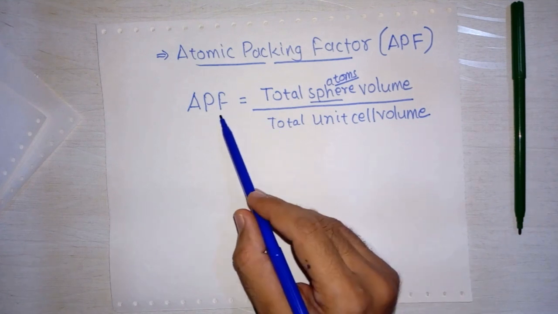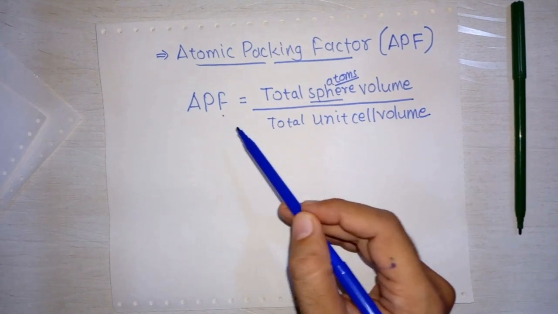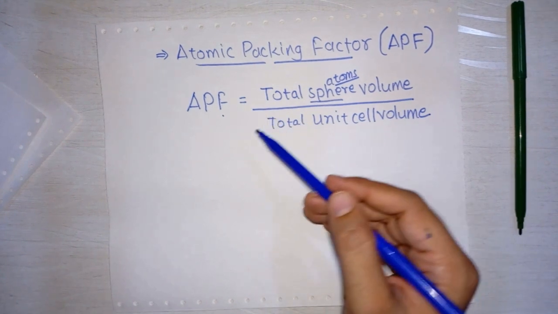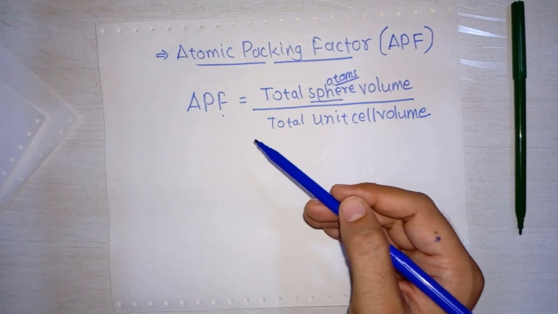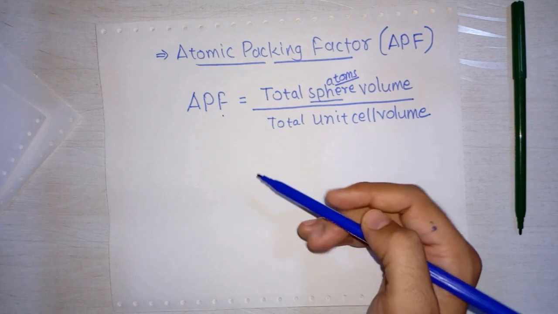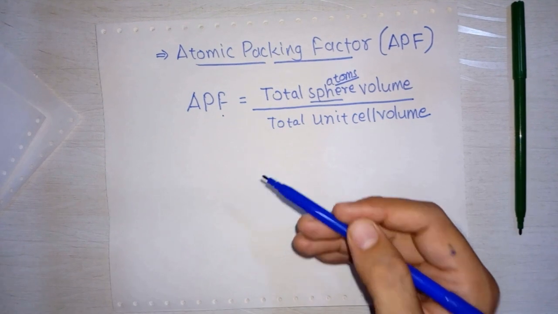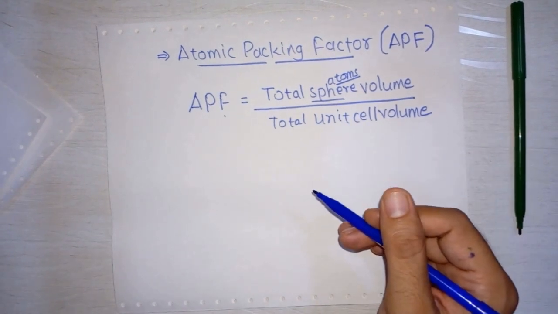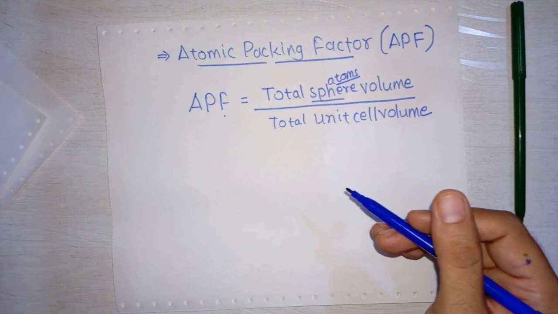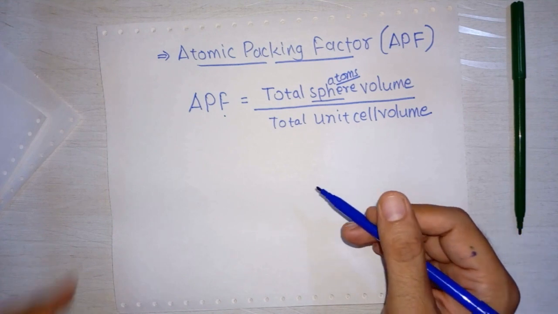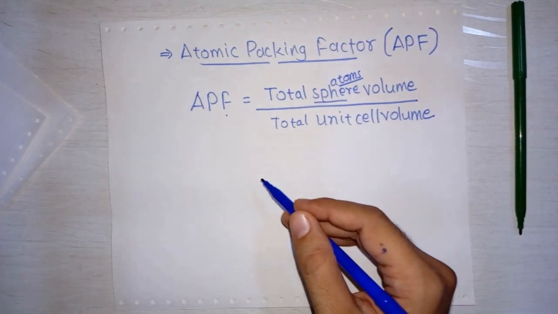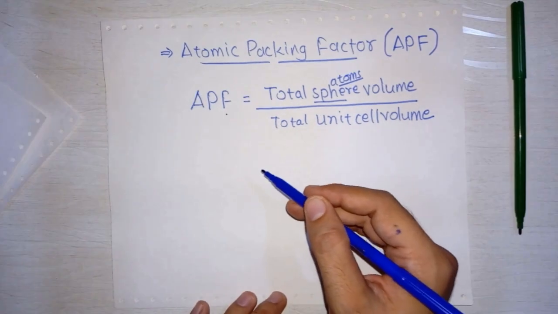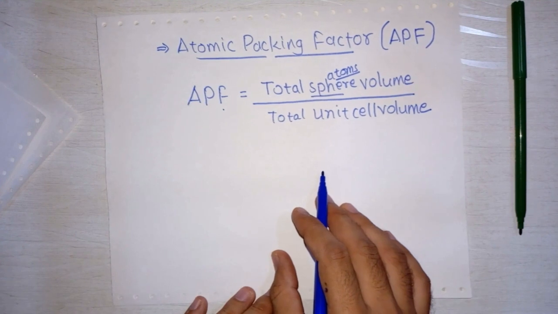So we can find the atomic packing factor for BCC, FCC and HCP, and we will see which is the most dense structure, whether it is BCC, FCC or HCP. By that we can also come to know the empty space in the unit cell, right? What is the amount of empty space available in any unit cell.